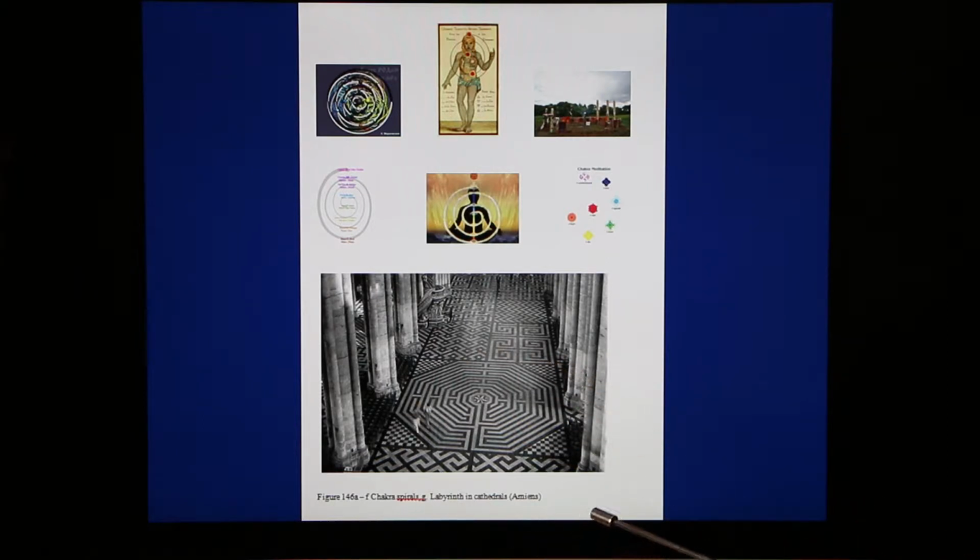Here in Amiens, we see labyrinths. And then if you look closely, you see swastikas on the ground here. And then one is the dark part is the swastika, and here it's the light part.